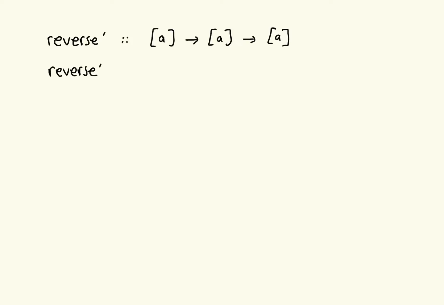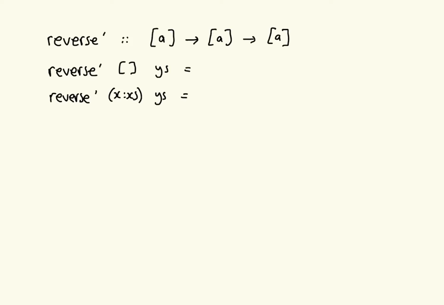To wrap things up, we can write down the final definition for the recursive function that we have calculated. We've calculated a recursive function called reverse prime, and it takes two lists and gives back a single list. The recursive definition, which we calculated using constructive induction, has a base case, and it has a recursive case as well, x colon x's, and then a list y's.